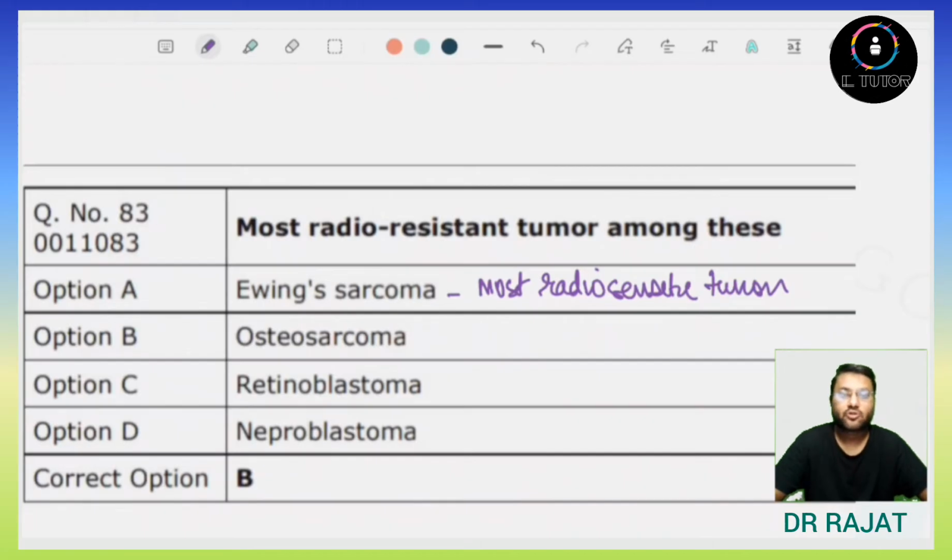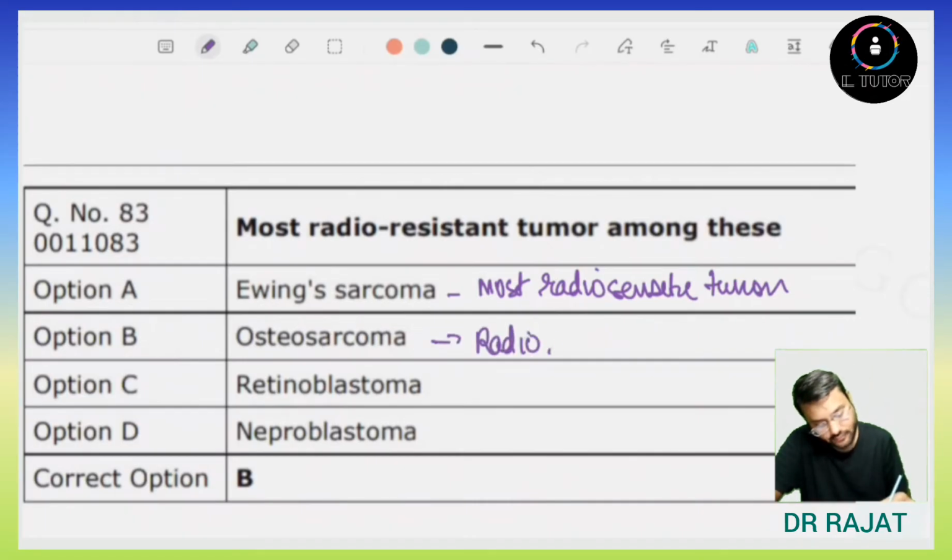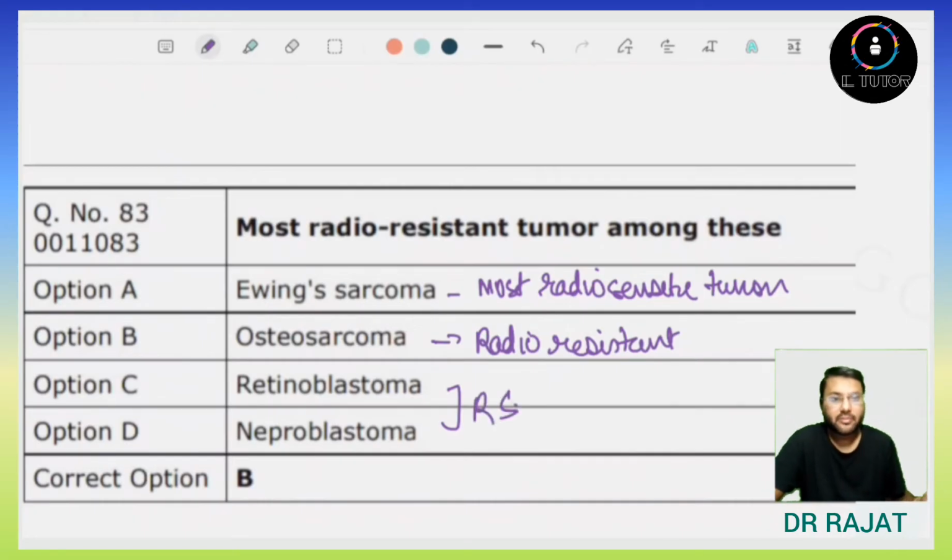Retinoblastoma and nephroblastoma are also radio sensitive, but osteosarcoma is radio resistant. So the answer here will be option number B, osteosarcoma.